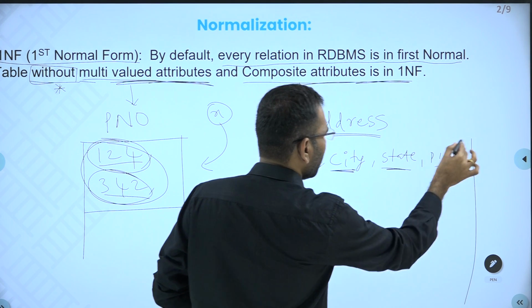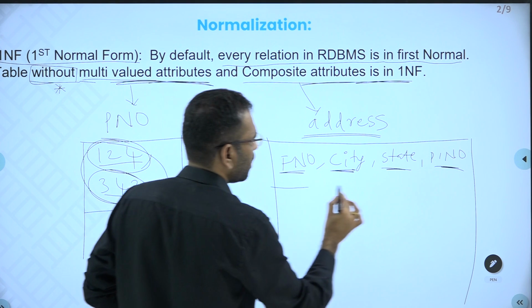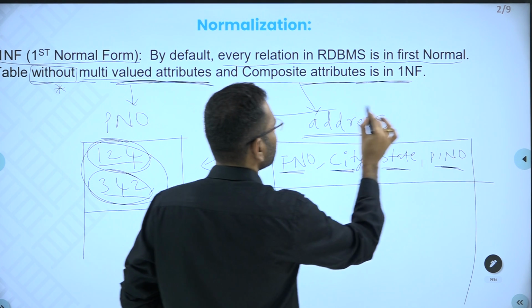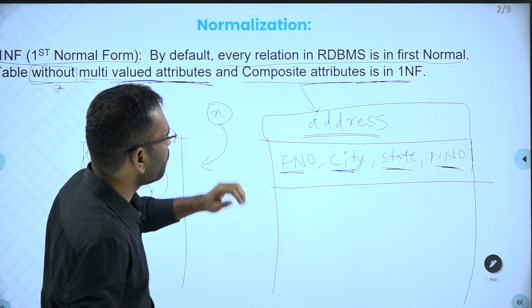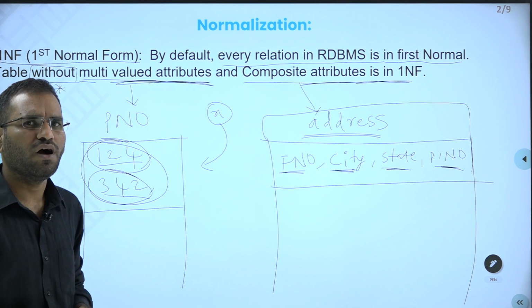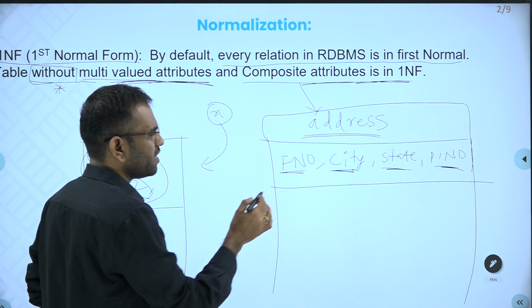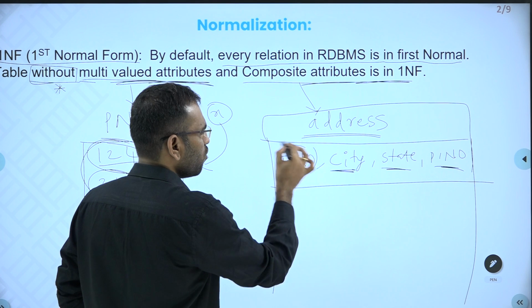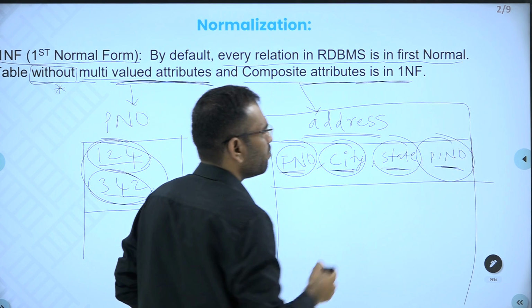If we want to fill any address, we have to fill all of these. Yes or no? This is the address field, please. If we want to fill the address column, we have to fill all of these. So address is having flat number, city, state and pin number.